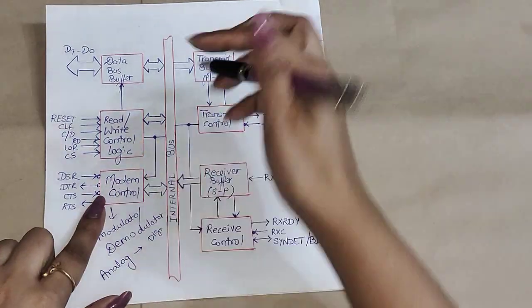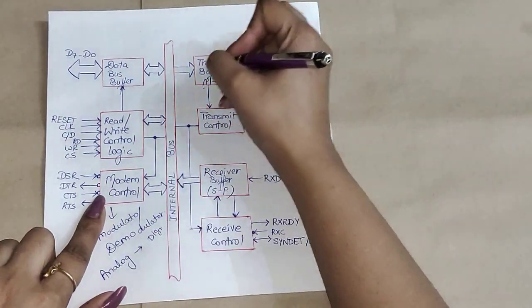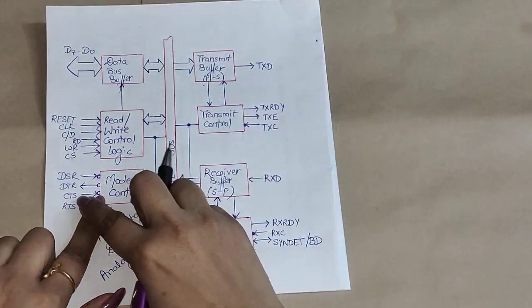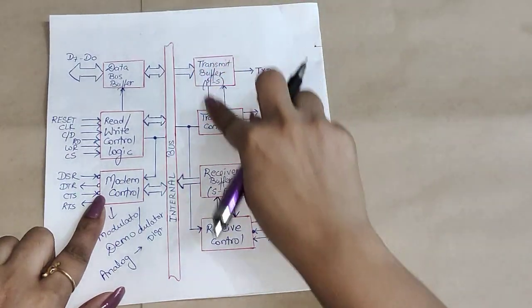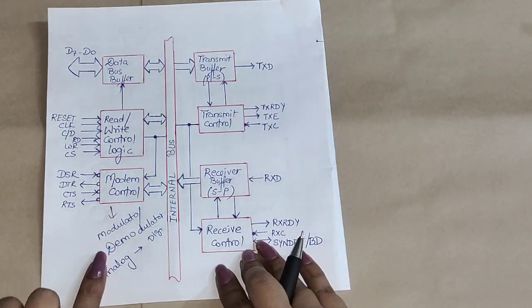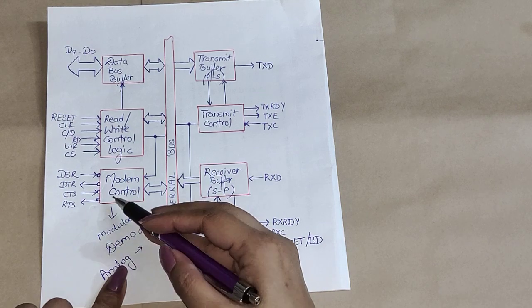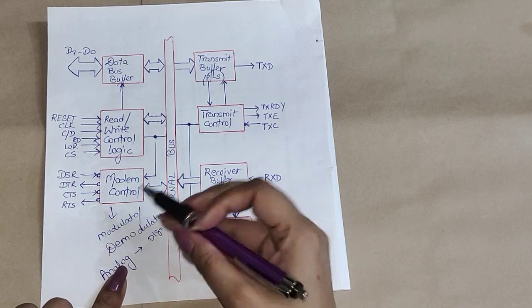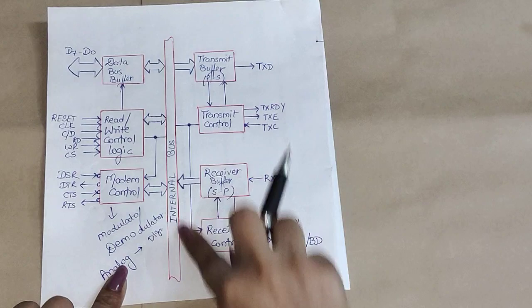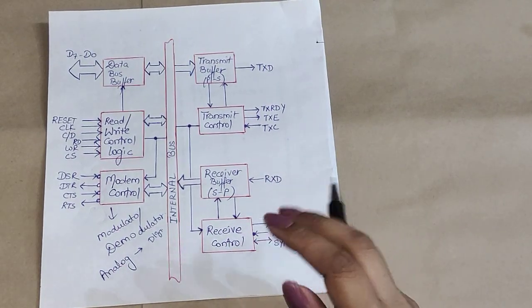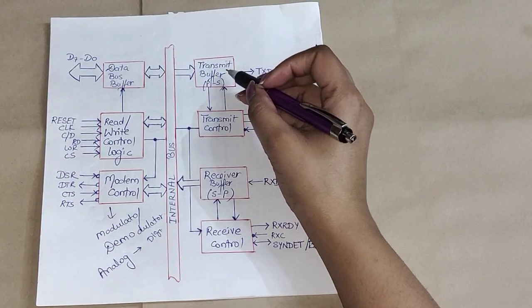Data transmit circuit means this portion. This is your data transmit circuit, this is data receive circuit. So CTS controls this data transmit circuit. And RTS is also an output port of 8251 that controls the receiver circuit. Clear?